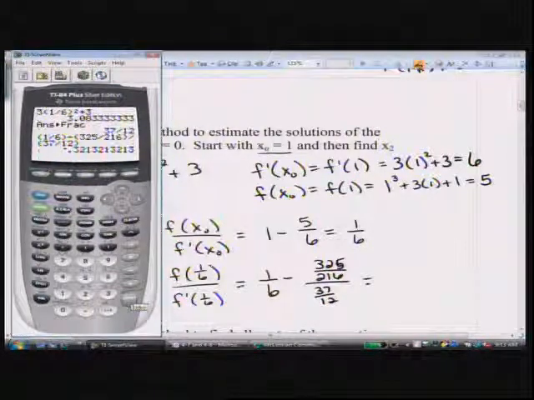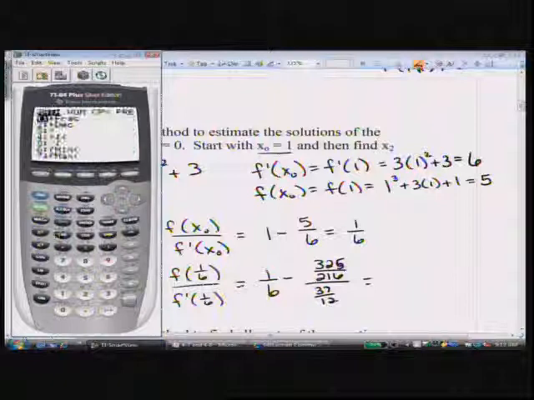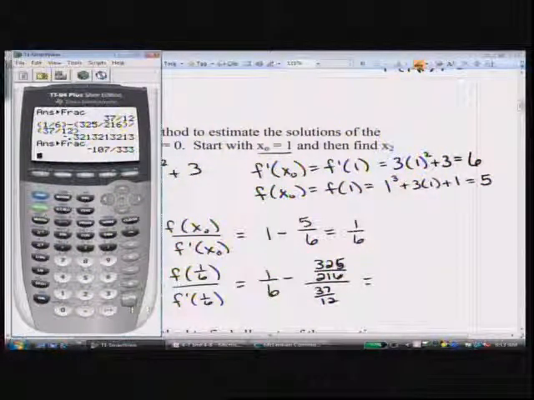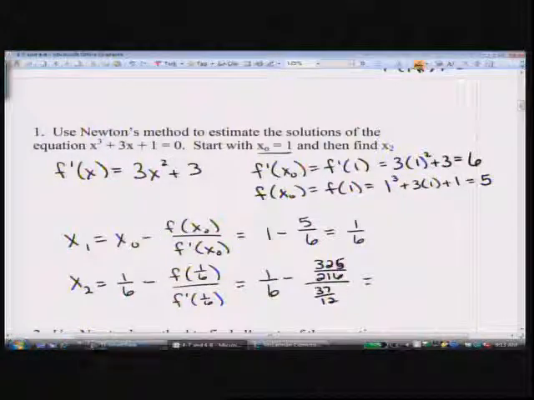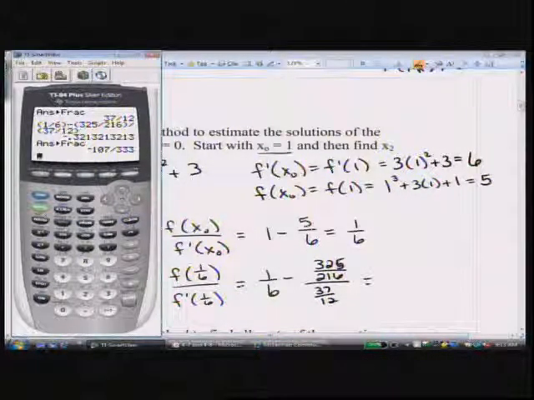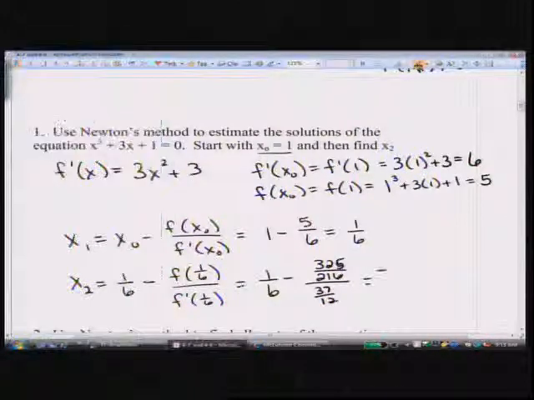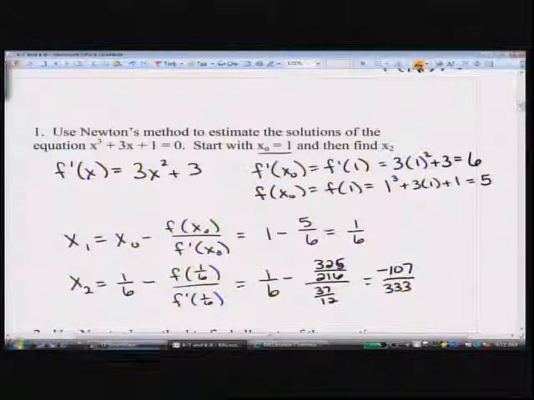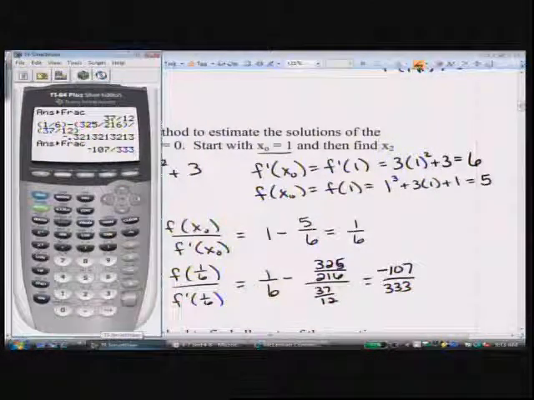And we get that. We can math frac that. So negative 107 over 333, which is negative 0.32.